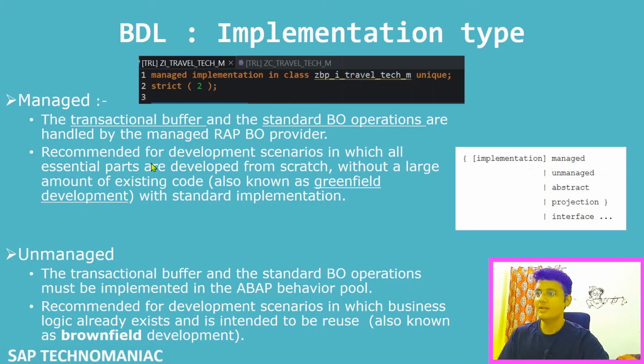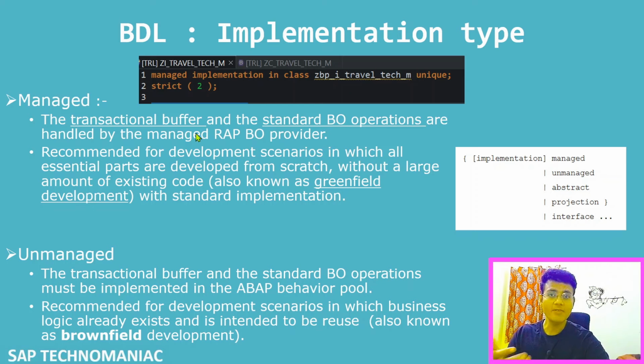That's it. Then what are these different types? What is the difference between them? You already know the difference between managed and unmanaged. In the managed scenario, the framework will handle the transactional buffer and the standard business object operations like create, update, delete. Those things will be handled by the framework.